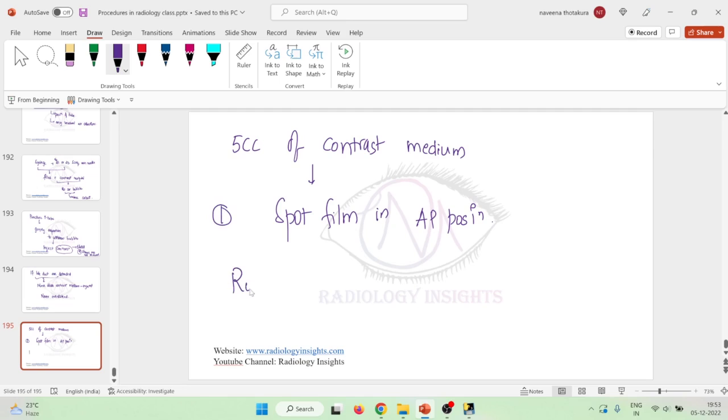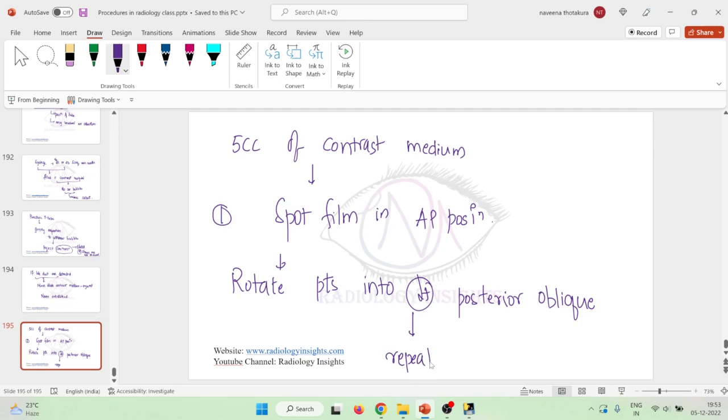After taking the spot film, rotate the patient into left posterior oblique position and then repeat the procedure. That is, repeat 5 cc of contrast medium.